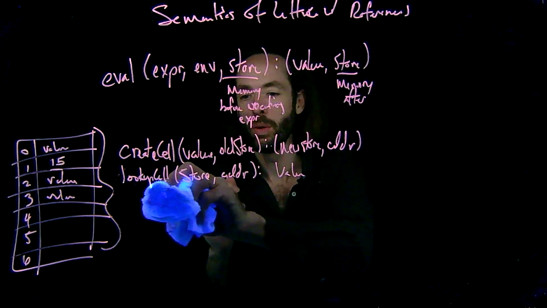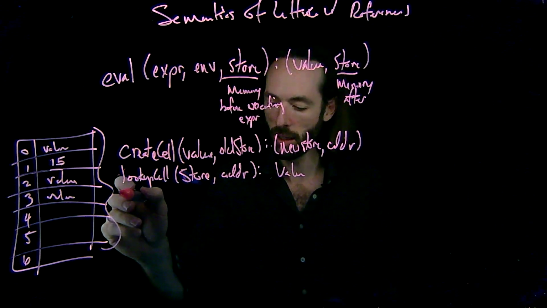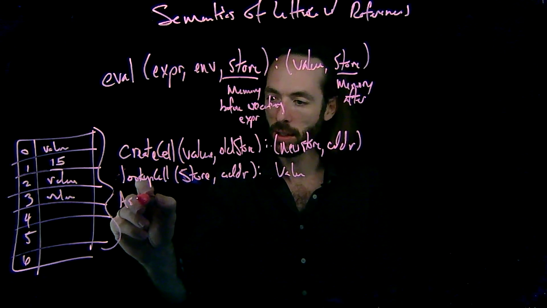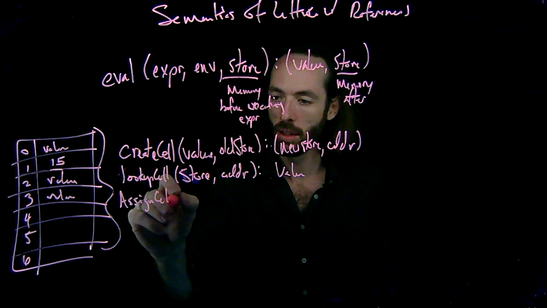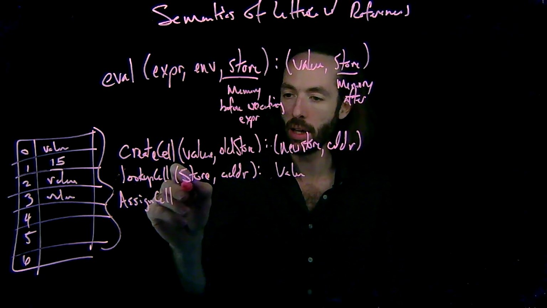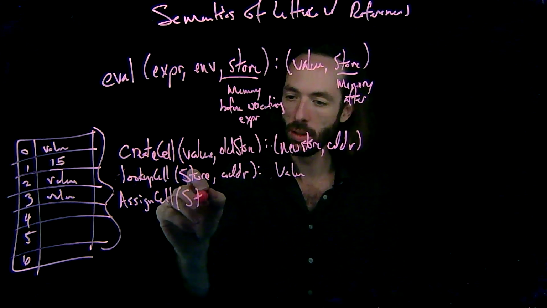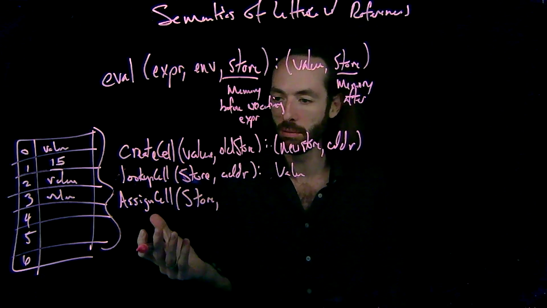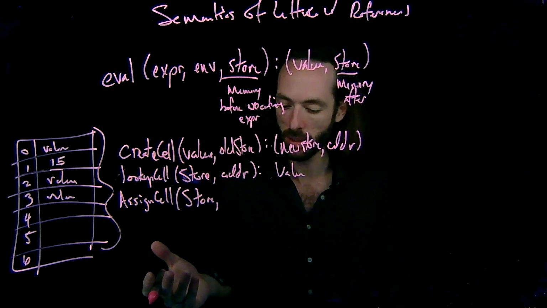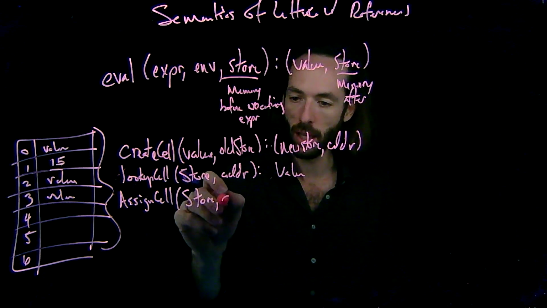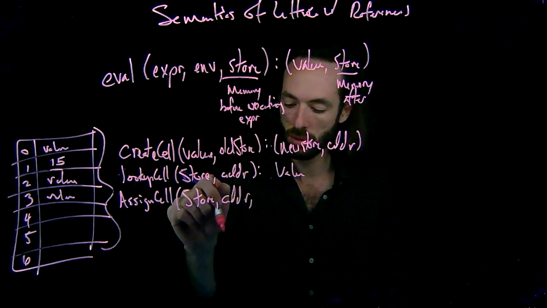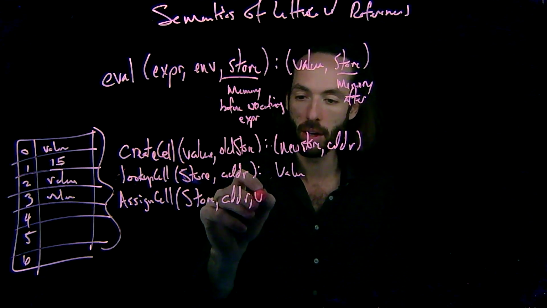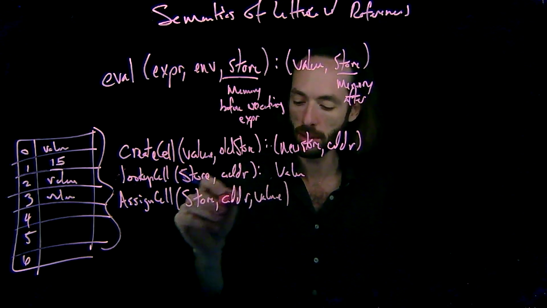And then, what else do we need? We need an assign cell. We need to be able to change the value at any particular address. So we need a store that we're going to be modifying, the address that we want to assign to, and the value that we want to put in that address.